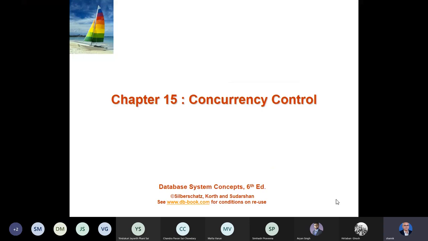When we say a schedule is conflict serializable or not, how can we determine that? But we will not work like that. We will ensure that the DBMS only lets those schedules be generated which are either conflict serializable or view serializable, as we will see. So, what mechanism or protocol does it use to ensure that only such serializable schedules are generated?